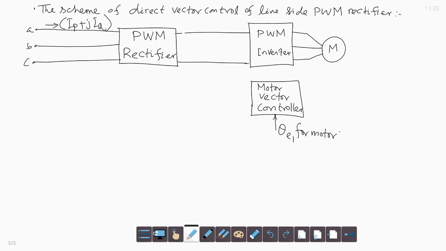Theta E is the angle and controls the PWM inverter. So in the DC link we have a large capacitor to maintain the DC link voltage Vd constant.